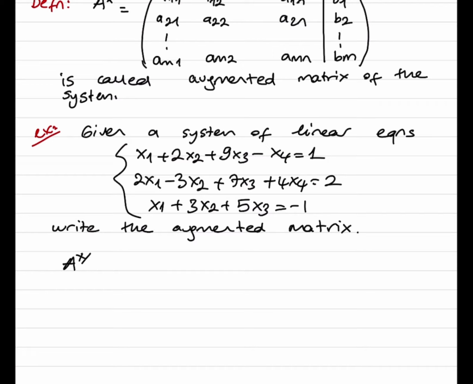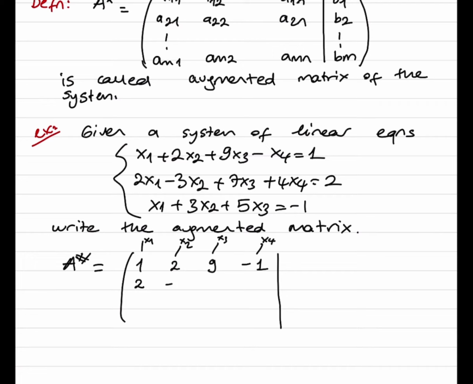Okay, we will write it. So A sharp is, we write the coefficients, right? For the first equation, we have the coefficients 1, 2, 9, and minus 1. So this column is for x1, this is for x2, this column is for x3, and the last column is for x4. What is the coefficient of x1 in the second one? 2.